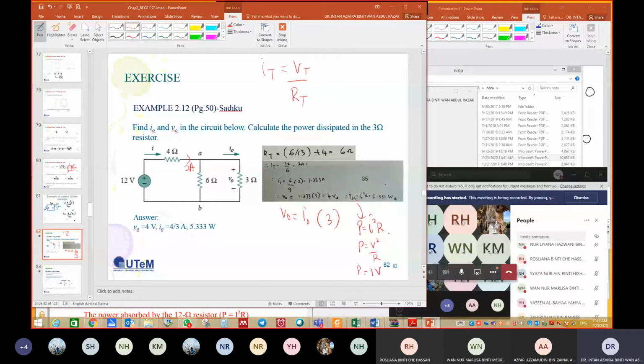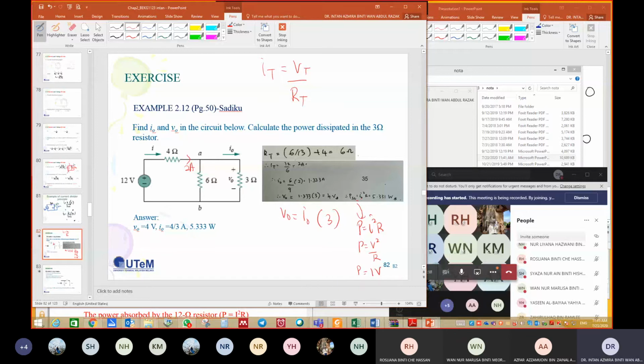But if you want to find the power of the 3 ohm, this I is the current that is supplied to the 3 ohm, and R is 3 ohm. If you want to use the formula for the power of the 3 ohm, this V is the voltage drop on the 3 ohm, not the voltage source. If you want to use P equal to IV, this I is the current that flows through the 3 ohm, and this V is the voltage drop on the 3 ohm, not the voltage source.